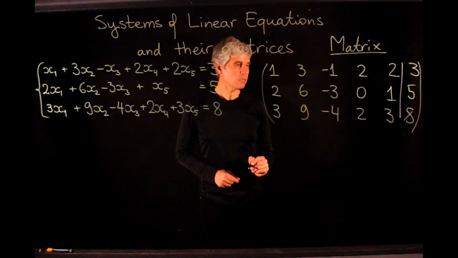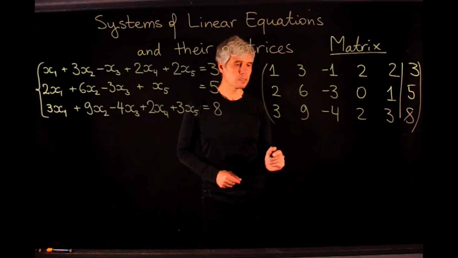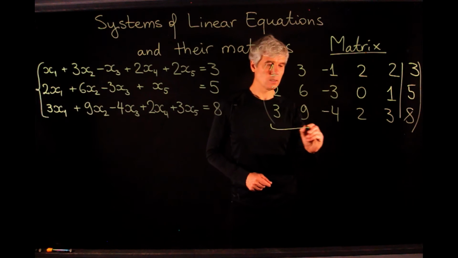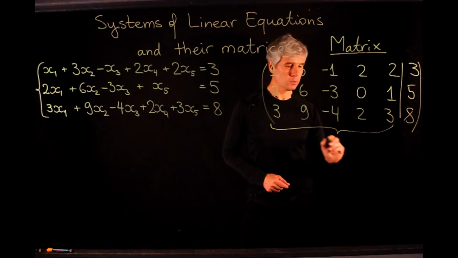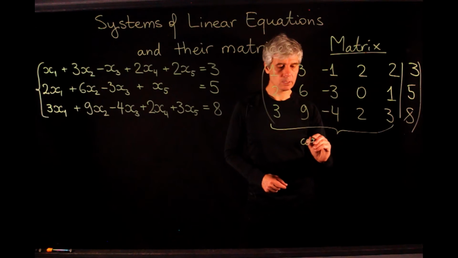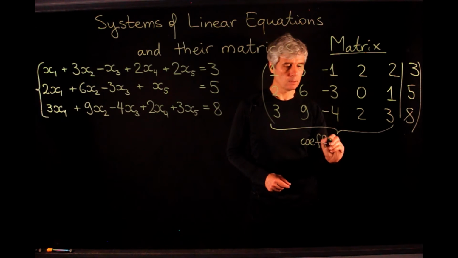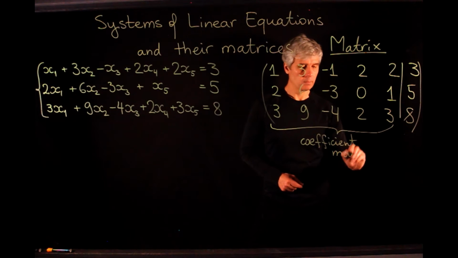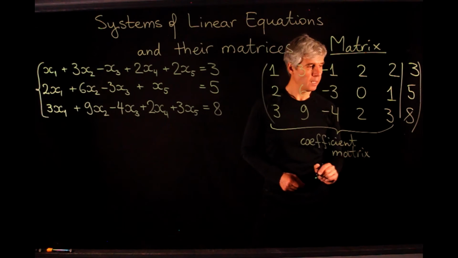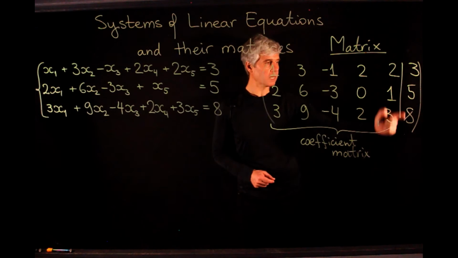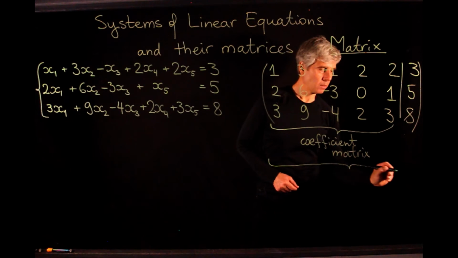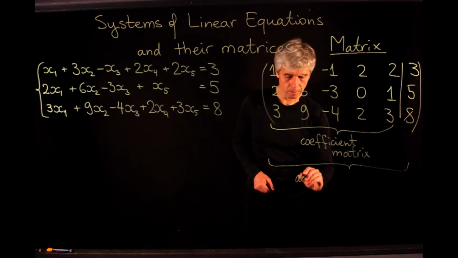This matrix has 2 parts. There is the main part here, which is called the coefficient matrix. And if we include the right-hand side column, then together this will be called the augmented matrix.